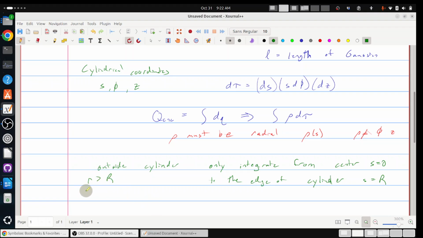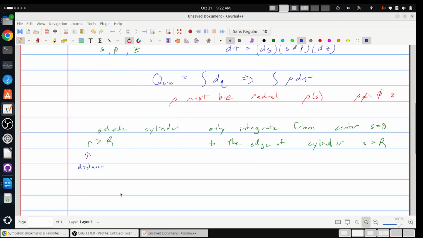If the distance from the cylinder where I want to find the field is larger than the cylinder, then our integral is going to have my rho, which is a function of s, and s, ds, d phi, dz.